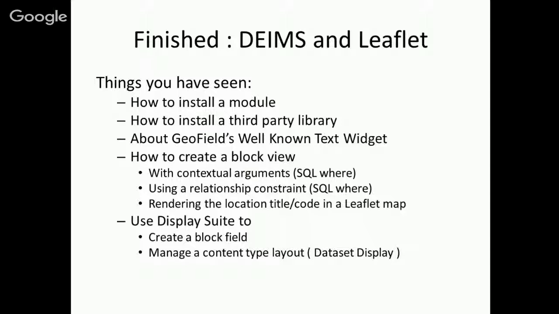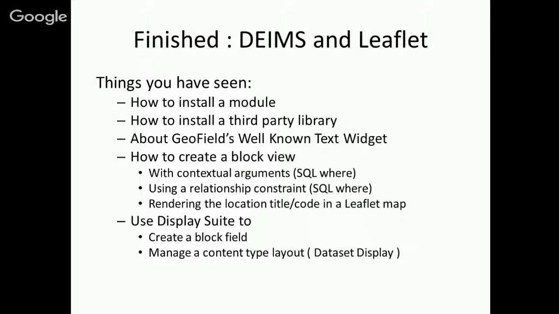The new map with all the locations in their native form, later with polygons and markers like line strings. So what we've learned here is a few things. We have learned how to install a module, how to install a third-party library in DEIMS, and also we have learned a little bit about the GeoField's well-known text widget.